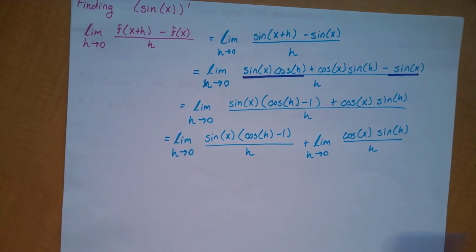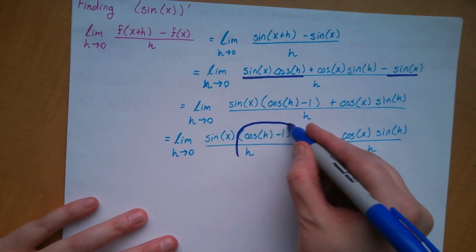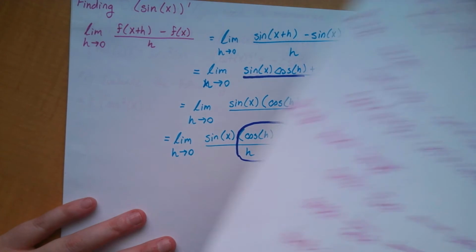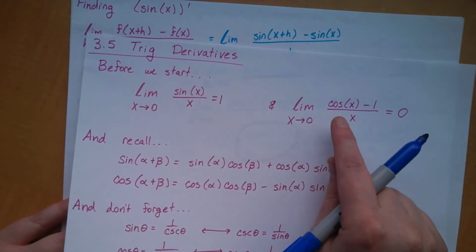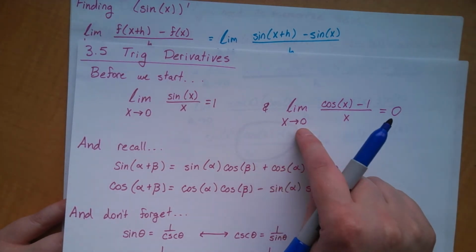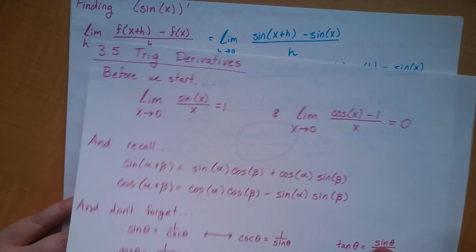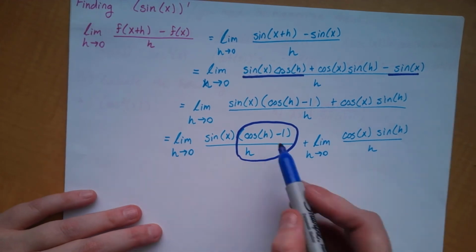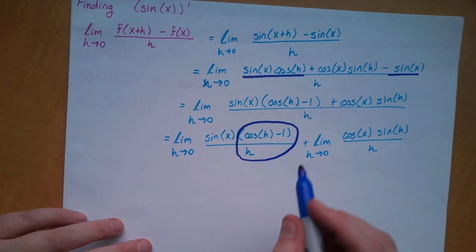Alright, are you ready? The magic's about to happen. So, if I look at this piece here, well, from that limit that I showed you at the very beginning of the video, if I have cosine of x minus 1 over x as x approaches 0, then that limit will equal 0. So here I have the limit as h approaches 0, cosine of h minus 1 over h.